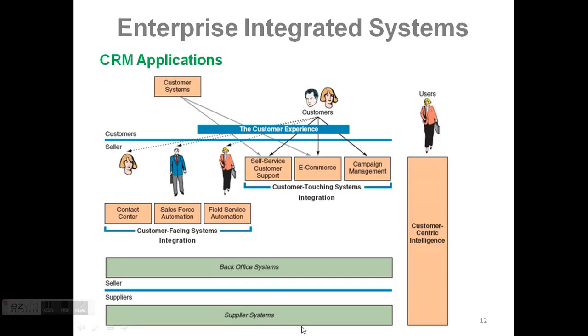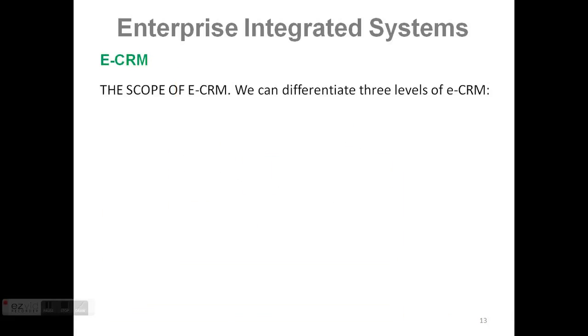When we're talking about customer and supplier, the customer is not necessarily an individual. It could be a business-to-business relationship. Therefore, supply chain CRMs or supplier system CRMs are really getting important in that relation.